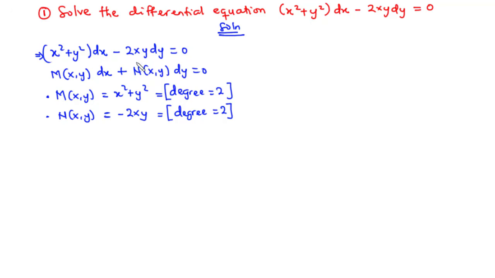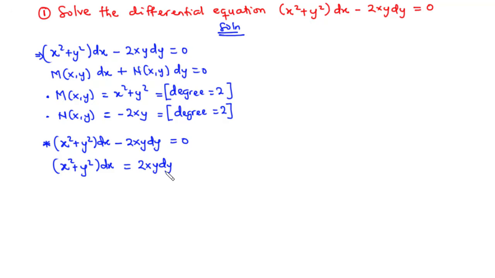So this differential equation is a homogeneous differential equation. Now let's try to solve it. We have (x^2 + y^2) dx - 2xy dy = 0. At this point, we are going to put this differential equation in the standard form. So we transpose this term to the right hand side, and we have (x^2 + y^2) dx = 2xy dy.